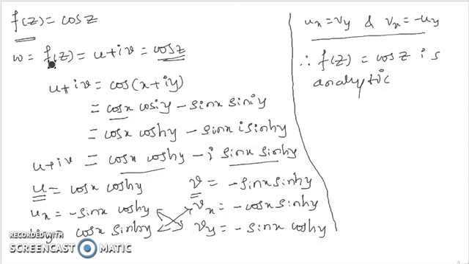Now I have to find its derivative, that is what I have to do. I have to find dw over dz. So dw over dz, this is how we write it, as f dash of z, which is nothing but ux plus i vx. We already know the ux value and the vx value, and we have to substitute here and simplify further.